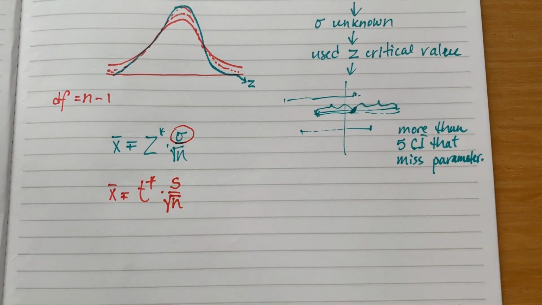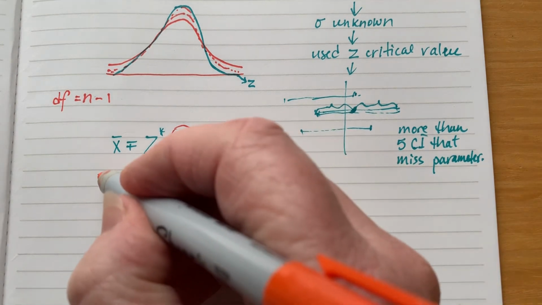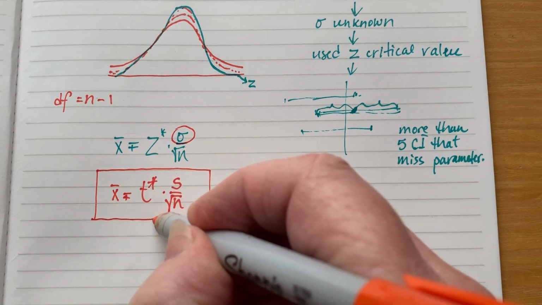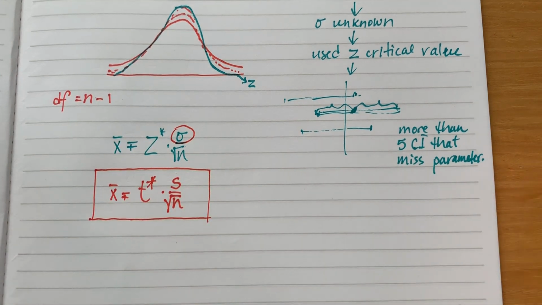So your left and your right critical T value is going to be actually the same value. Again, T distribution is as symmetric as the Z distribution or the normal distribution, okay? And this is going to be our new formula that we are going to be using today. And let's go through a couple of examples and see how that is implemented in action.